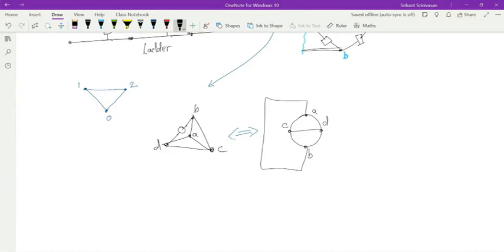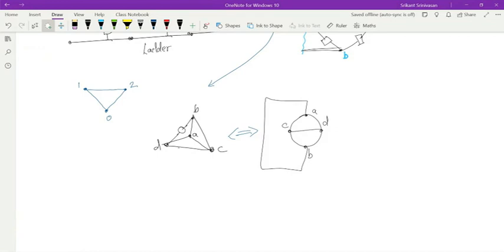Then again, it's back to the same KCL, KVL. That means I have to find out what is the current flowing in this loop or what is the sum of voltages in this. And that way, gradually, you can find out by a bunch of mathematical equations the currents and voltages in each loop, right? So current in each loop and voltage at each node. Now, this is easy when you're able to visualize these networks.